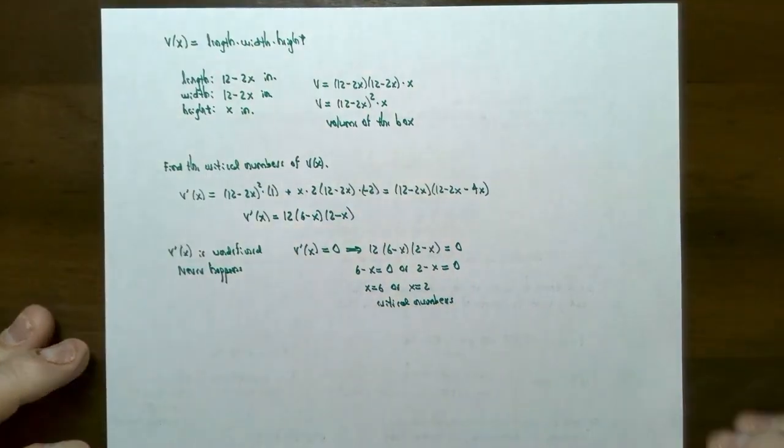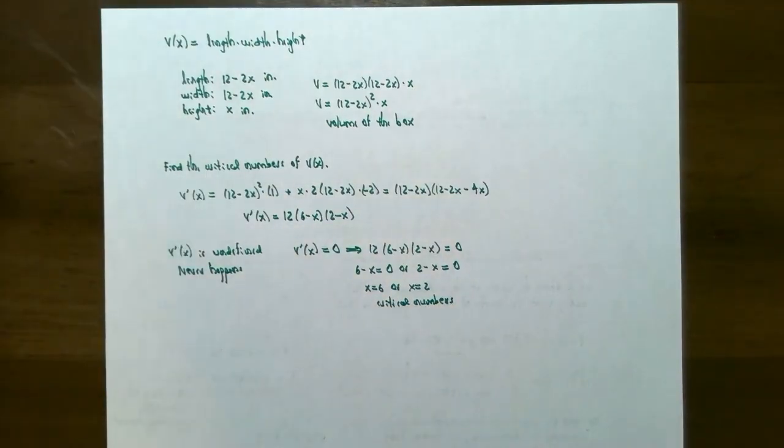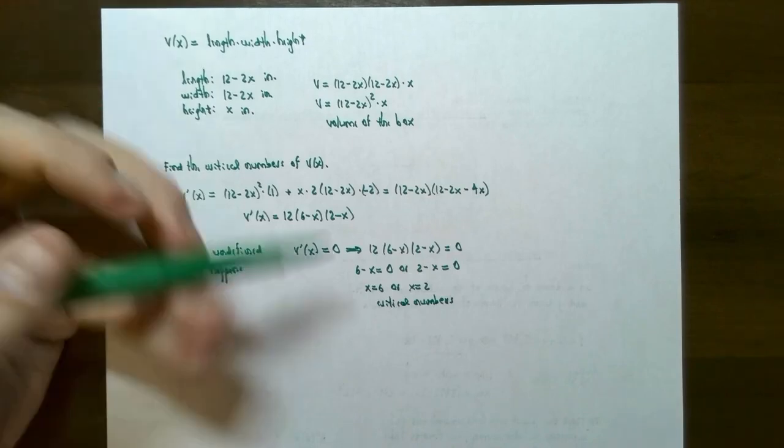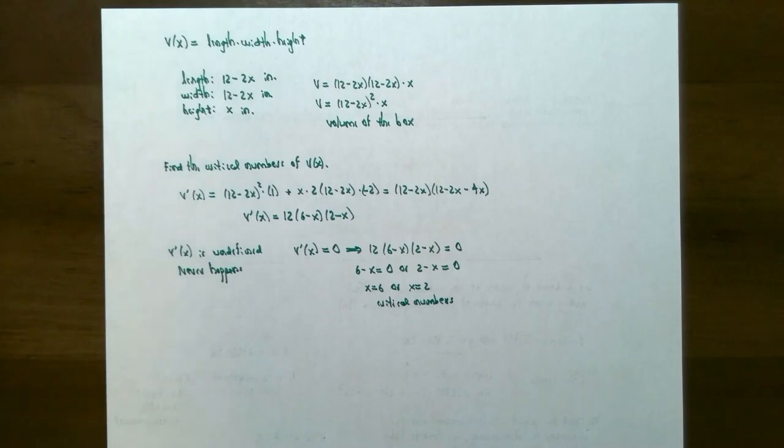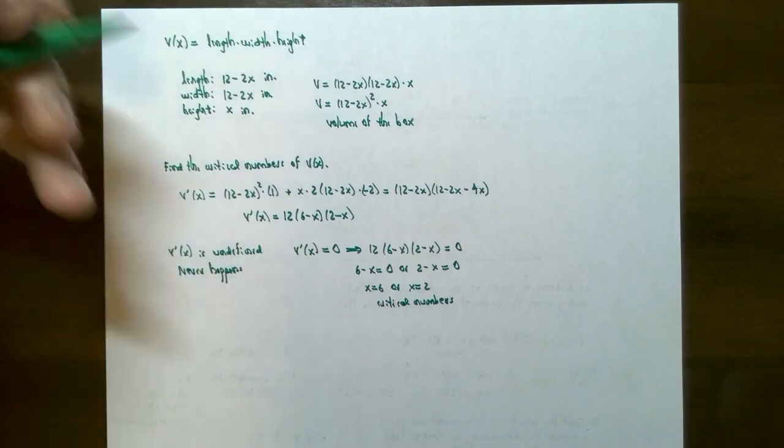So again, we can either use the first derivative and construct a sign chart and determine if x equals 2 or x equals 6 is a local max or local min. But let's calculate the second derivative and use the second derivative test once again.